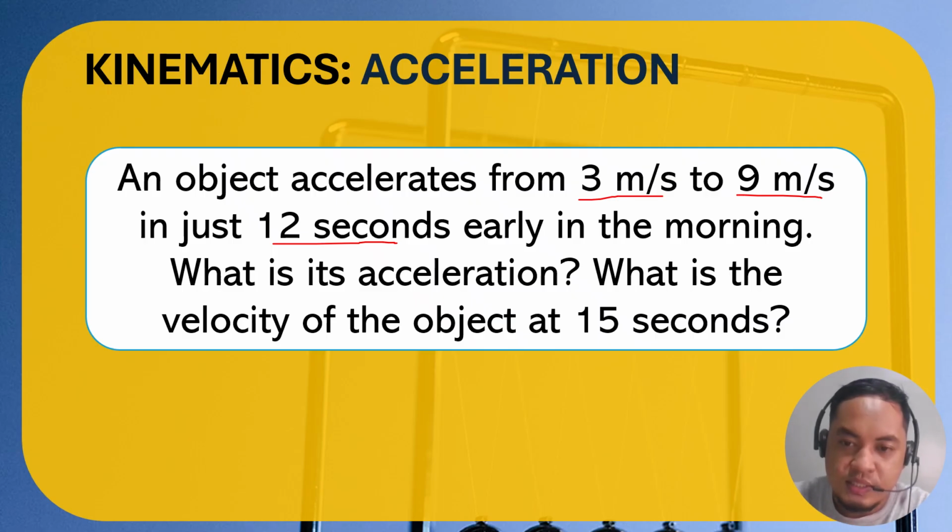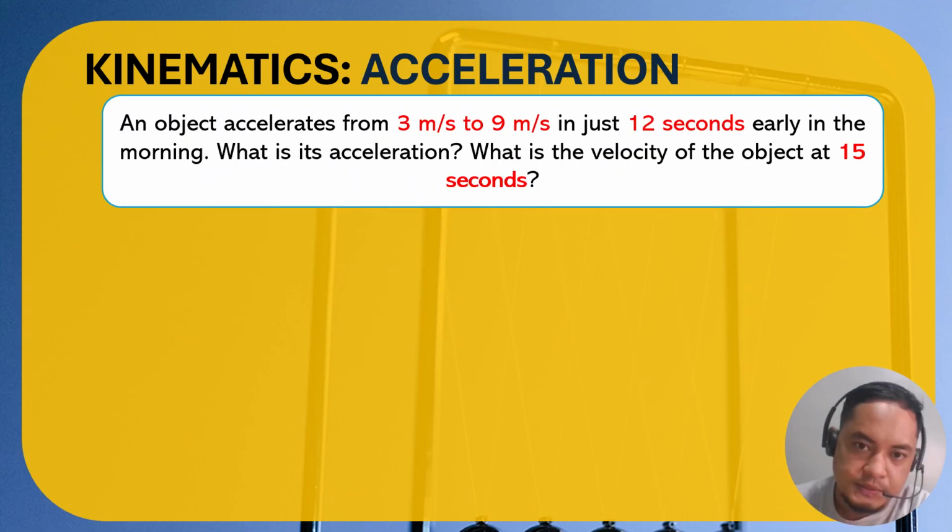And then what's the acceleration and what is the velocity at 15 seconds? So again, if you already have the initial velocity and the acceleration, just add the acceleration to your velocity until 15 seconds, and you will have the velocity at 15 seconds.